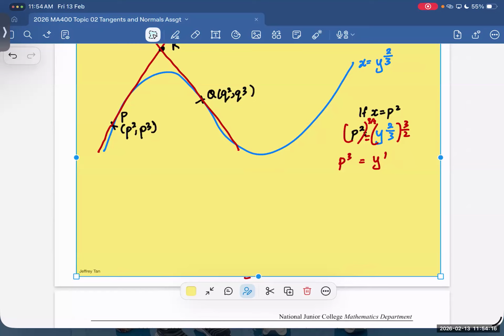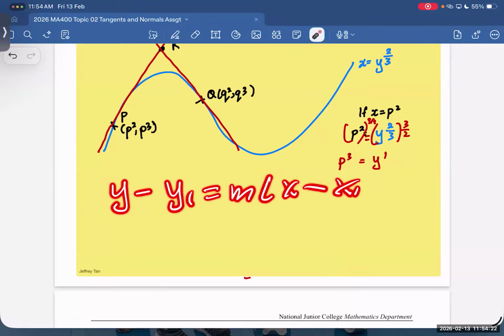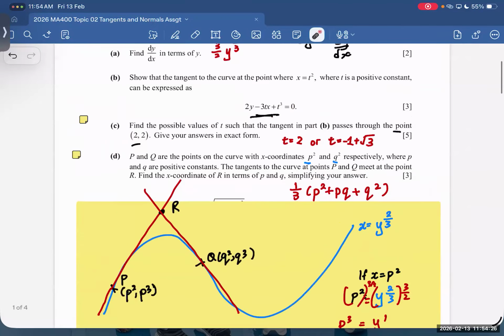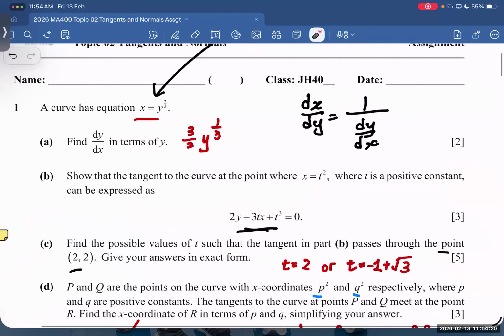Now remember, what's the equation of the tangent? It is y minus y1 equals gradient times x minus x1, right? I hope you didn't do it again from the start, because if you look at part B, you see this is t squared, but this is p squared. All you have to do is take this, change the t to p.